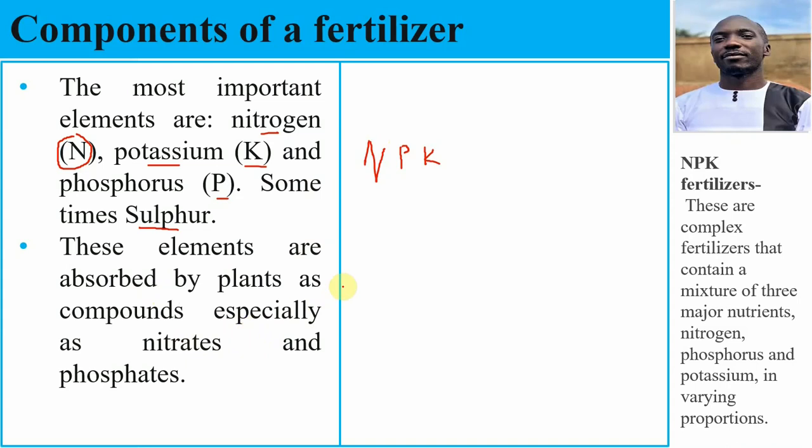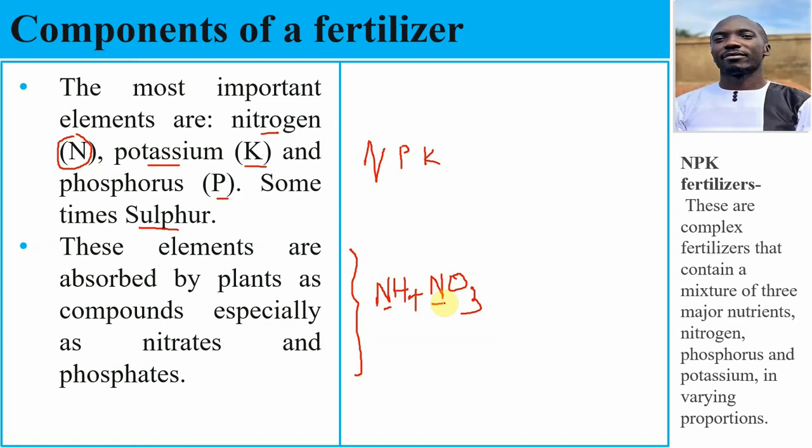When we look at examples of fertilizers, we shall find that most of these fertilizers are compounds. For example, if we have ammonium fertilizers, I can have, let's say, ammonium nitrate. You can see that this ammonium nitrate fertilizer contains nitrogen here and here, meaning that it provides nitrogen in the soil.